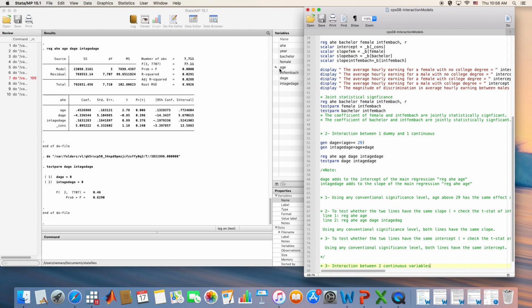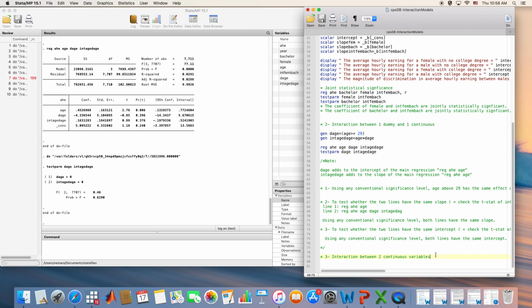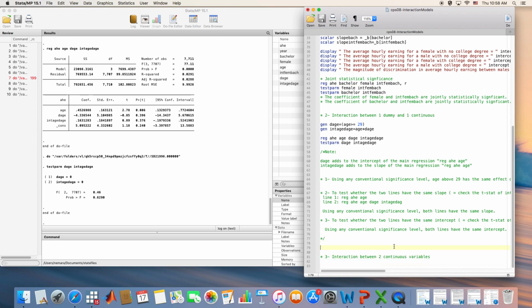I have only age, right, which is the only continuous variable, but this one is kind of the easiest one. So I might be showing it to you using a different data set, because this one does not allow me to have an additional continuous variable besides age. But this is just for completeness.